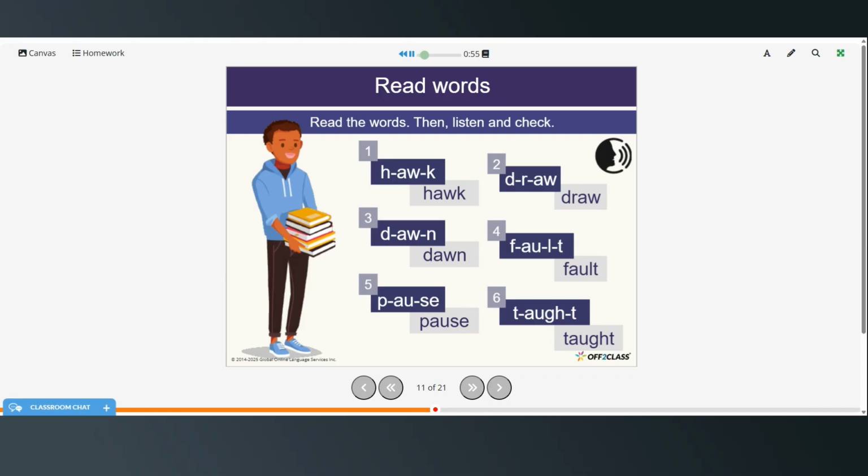Hawk. D, aw. Draw. D, aw, n. Dawn. F, aw, t.